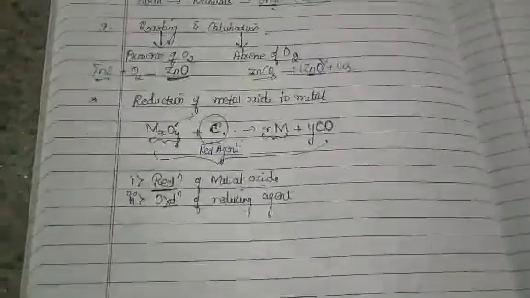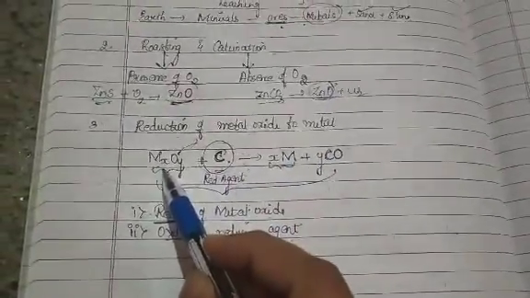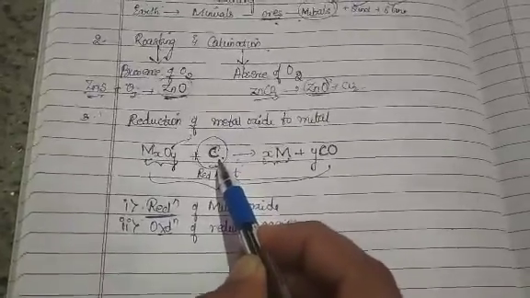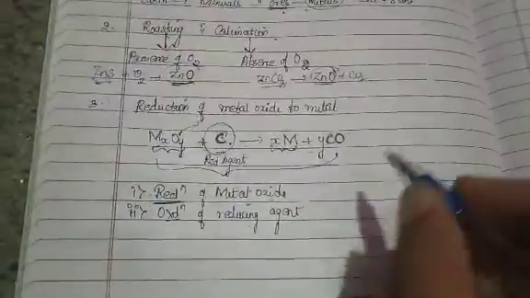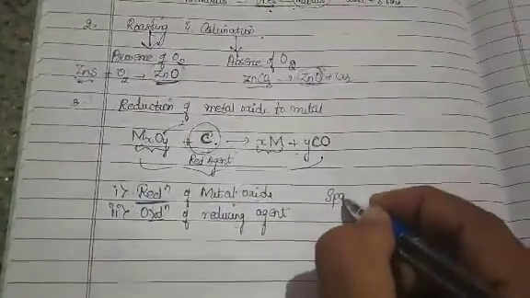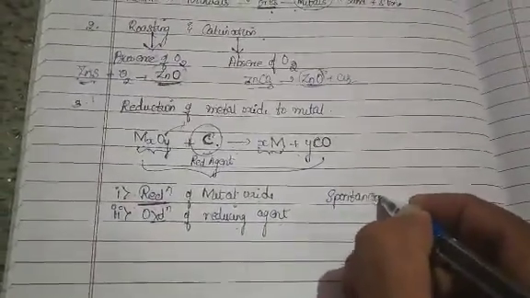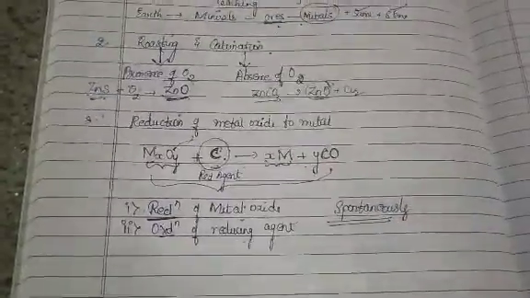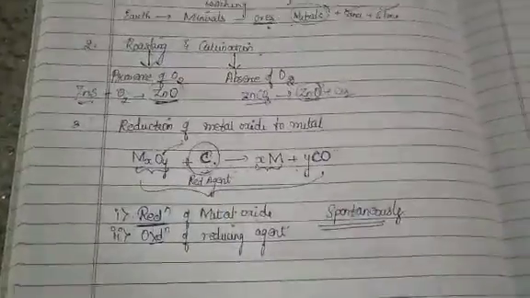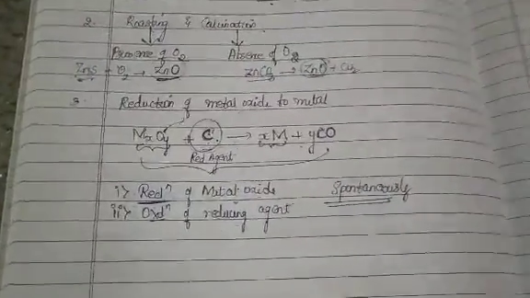For the reduction process, I have chosen a reducing agent, no problem. But my reaction should go spontaneously. I can just supply the temperature, none other than the temperature and the reducing agent. I don't want to invest my money in anything else.